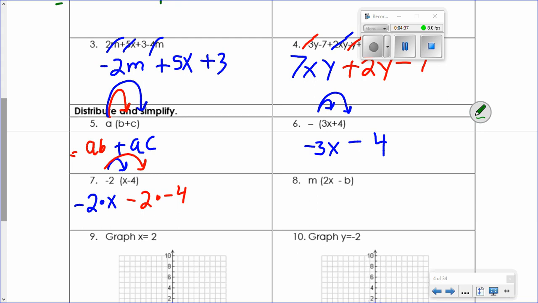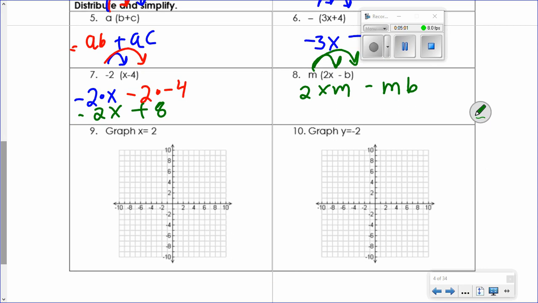Negative 2x, you get negative 2x plus 8. Negative 2x plus 8. Over here, coefficients first, so 2xm, then negative mb. Sorry, I wanted to kind of go through that really quickly.